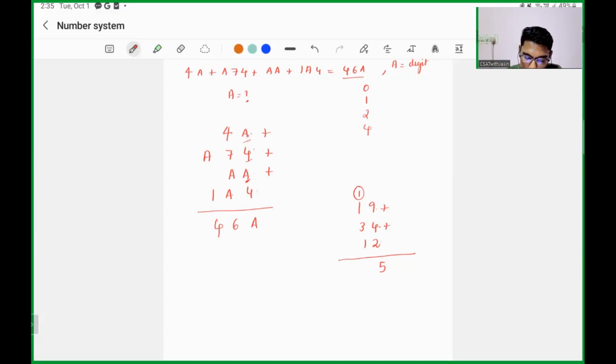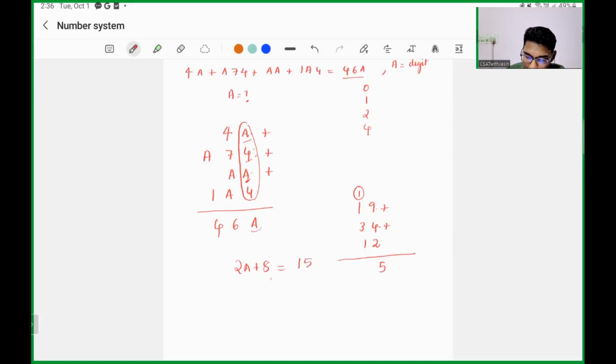So when you add A plus 4 and A plus 4, it becomes 2A plus 8. 4 and 4 become 8, A and A become 2A. So adding these unit digits gives 2A plus 8. Let's say 2A plus 8 gives you 15.